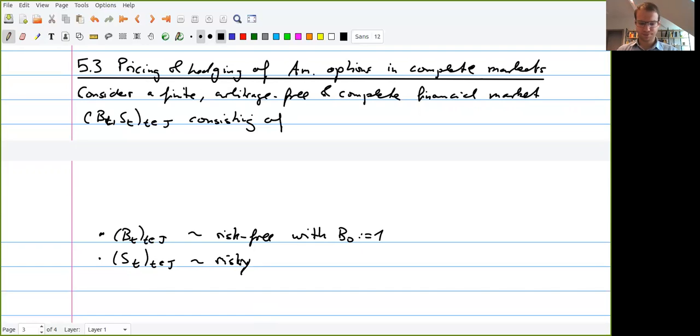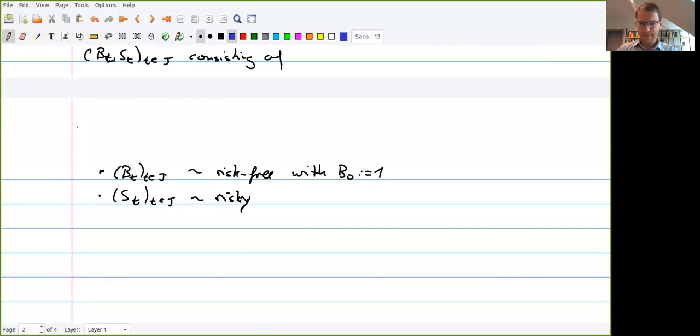And now, we consider a complete market. So what do we know? There exists a unique equivalent martingale measure Q. So this is the measure here in our set M star.